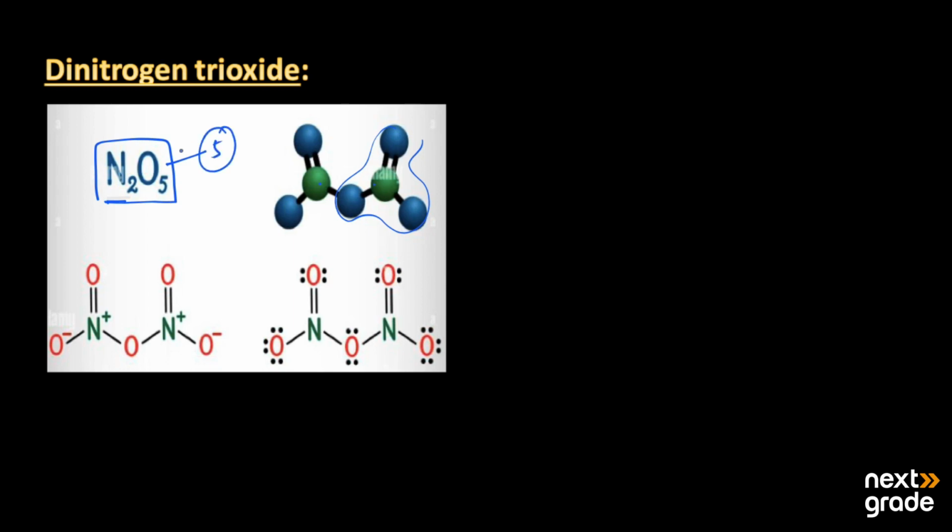When we draw its electron dot and cross structure, in the center we have the oxygen atom that has two lone pairs, and it makes a bond with the two nitrogen atoms. These two nitrogen atoms have a double bond with two oxygens, and a single bond with the other oxygen.